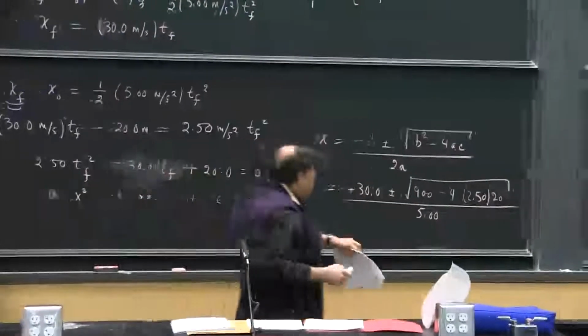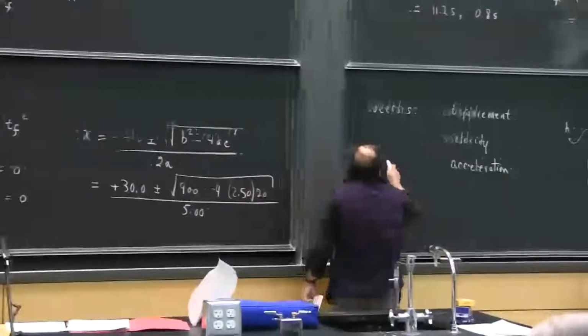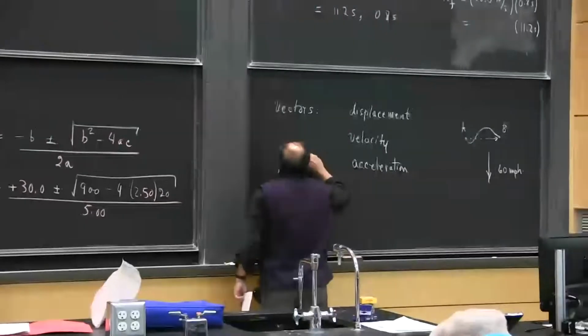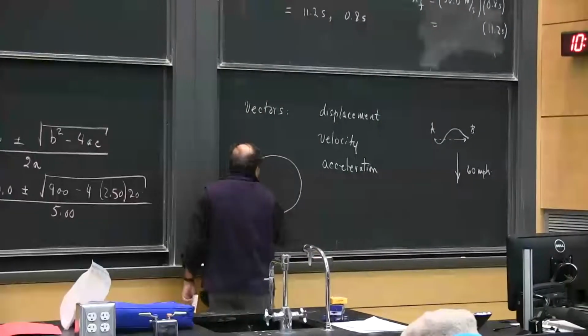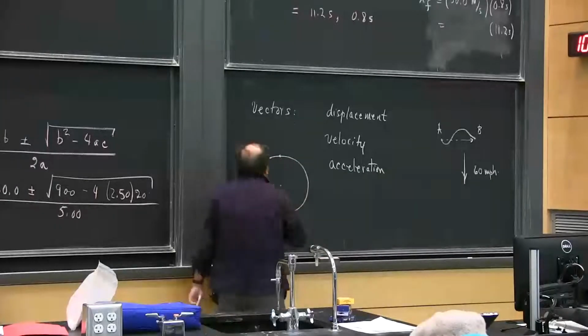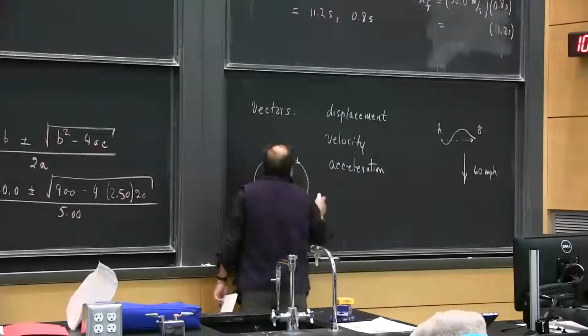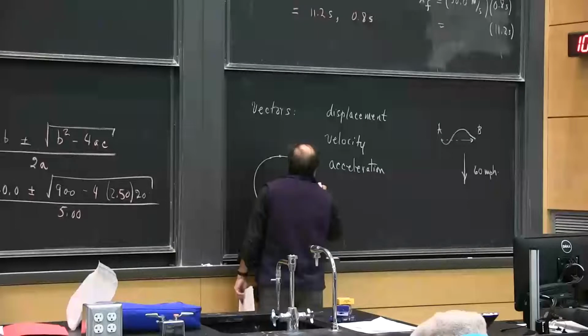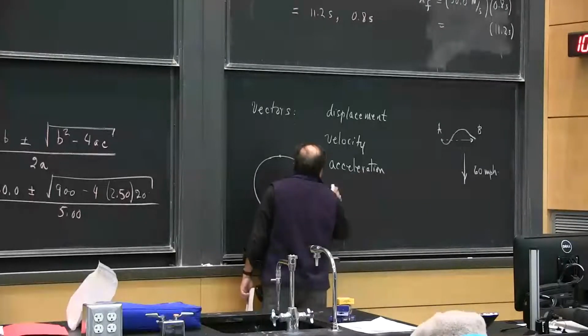Now let me ask you a quick question. Suppose I make something go around a circle. Let's have a piece of rock on this plane, and it's going like this, at some speed, let's say of 5 meters per second.